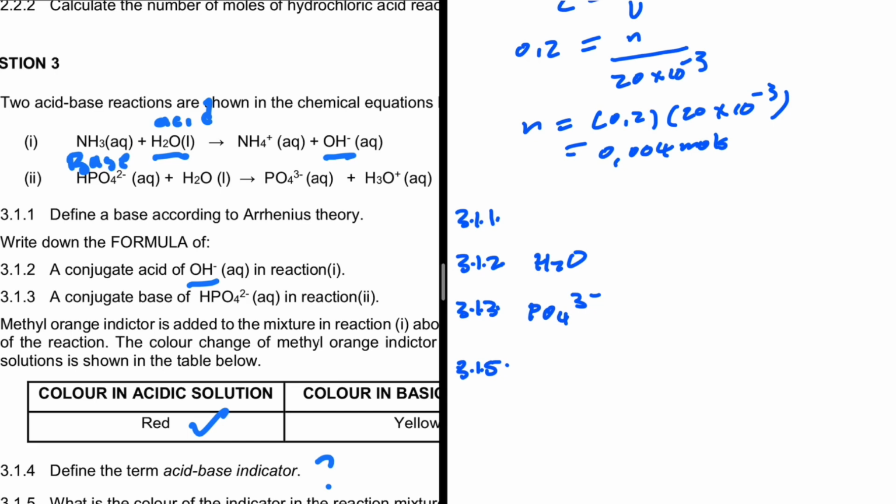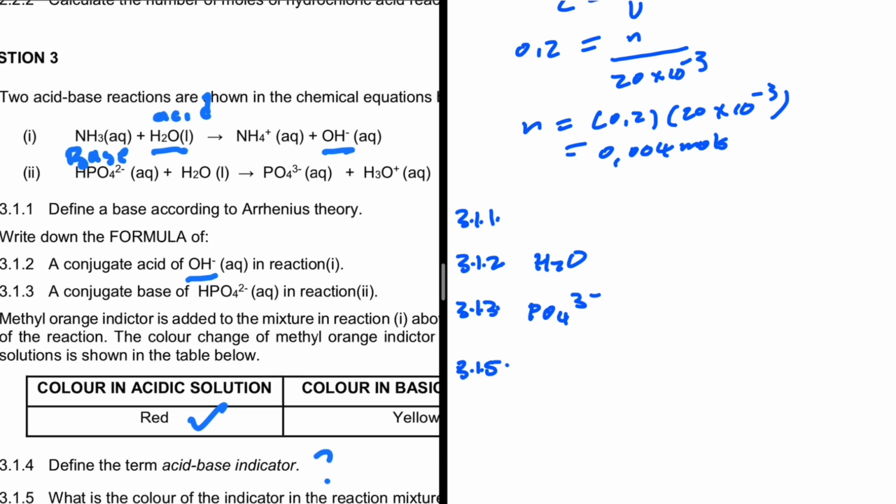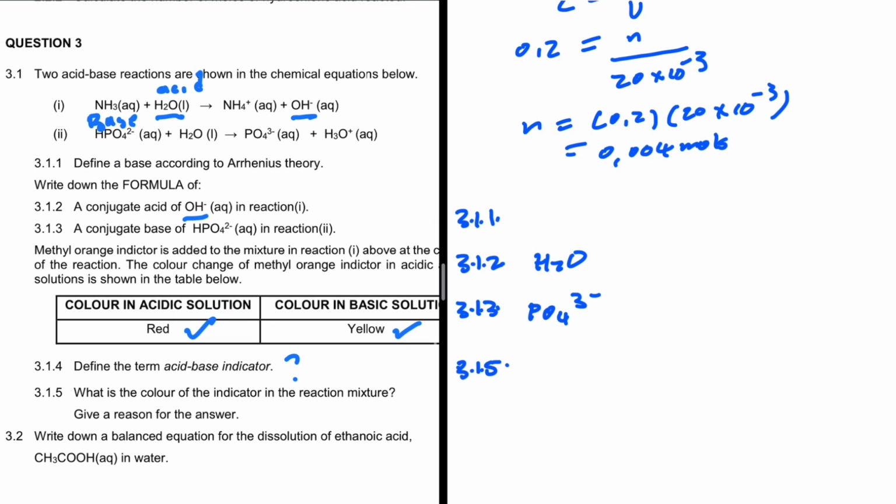So if you have a base, then the pH will be greater than 7. And then if you have an acid, the pH is going to be less than 7, and then H2O will therefore act as a base in that case. So clearly here, because H2O is acting as an acid and we have NH3 as a base, then at the end of the reaction, our mixture is going to be basic. So what is the color of the indicator in the reaction mixture?